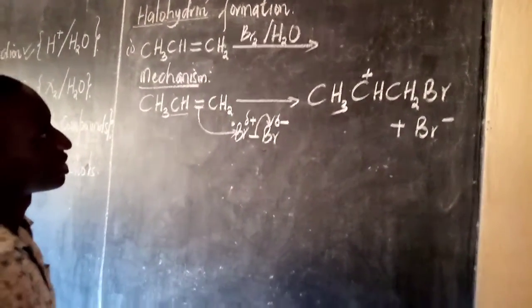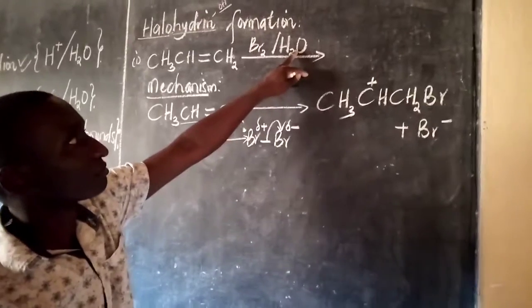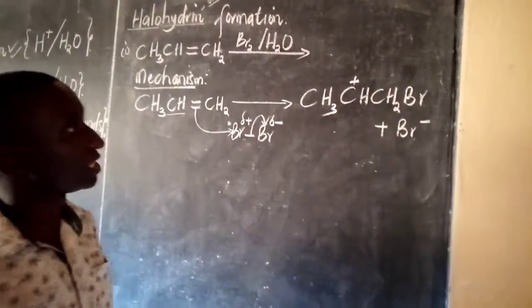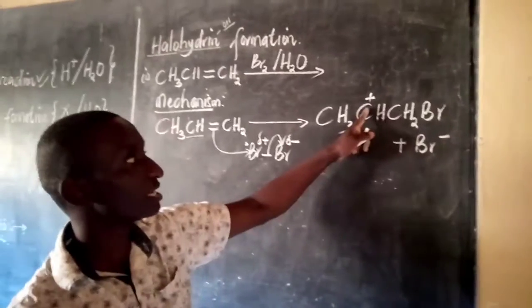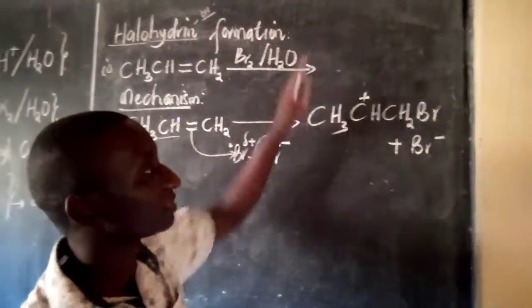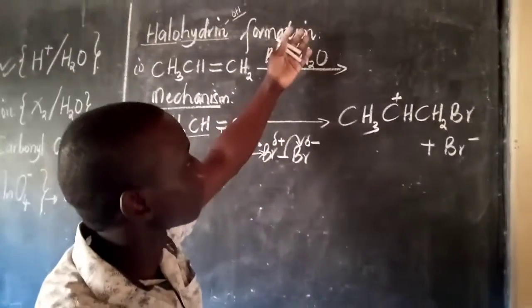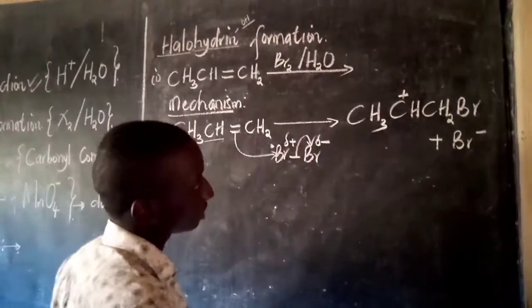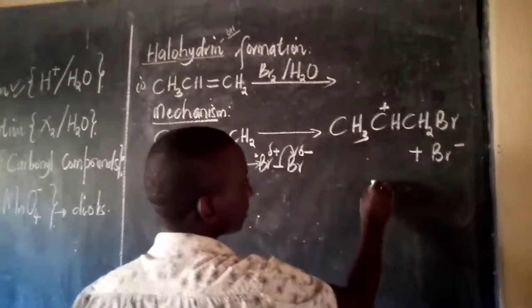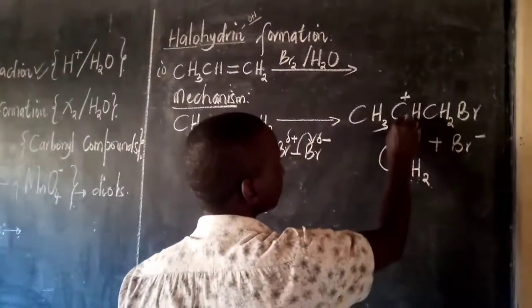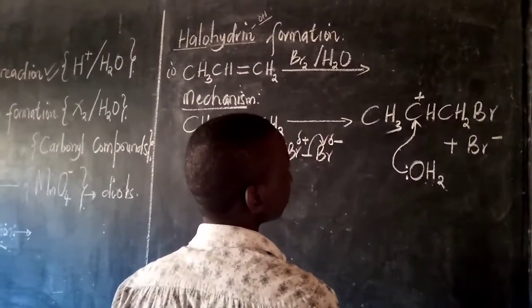Now what comes next? The water being present shows some effect in whatever is going to interact. Instead of the bromide ion coming to interact directly with the carbonium ion, because the water is in excess, we expect it to participate in the reaction. So we bring that water here. The water comes to interact with that.